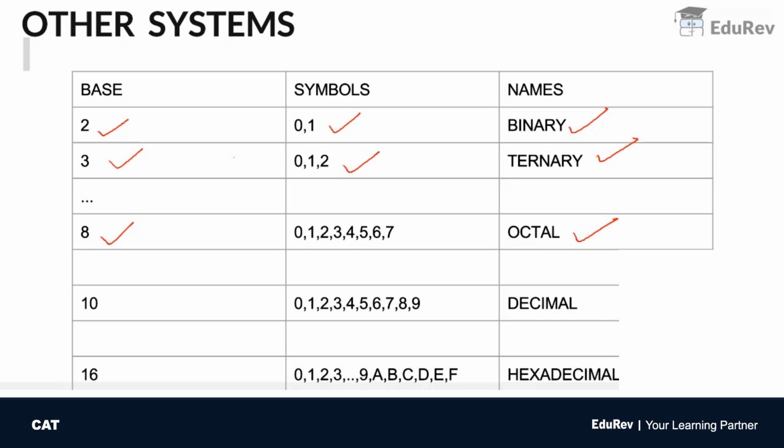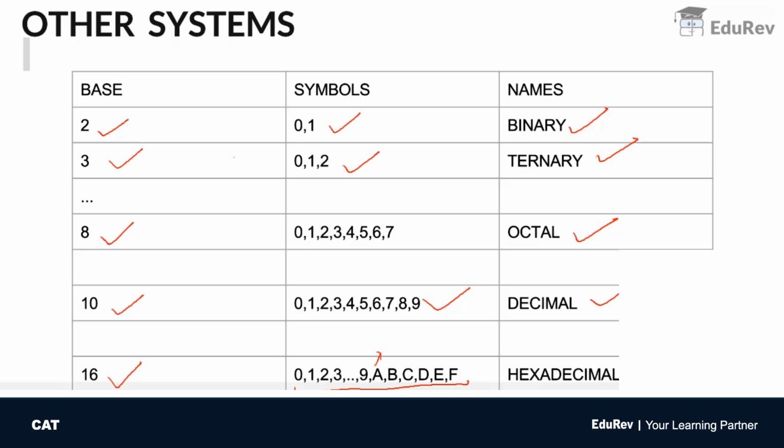Your bases could be 4 also, 5 also, 6 also, it could be anything. I have just mentioned the commonly used systems. When your base is 10, 0 to 9, decimal. When your base is 16, we use 16 symbols. So these are your 16 symbols. 0 to 9 are the digits we use.